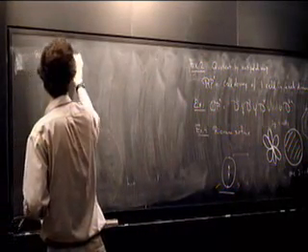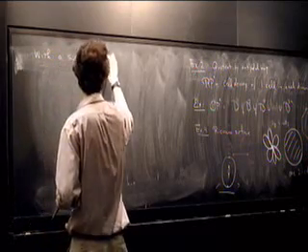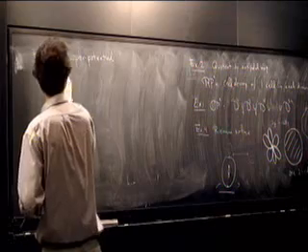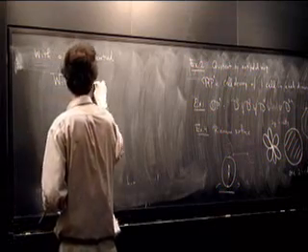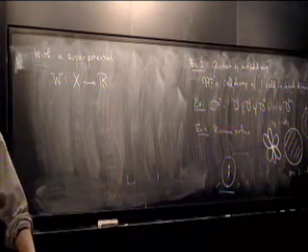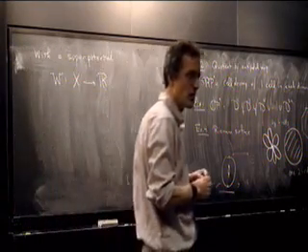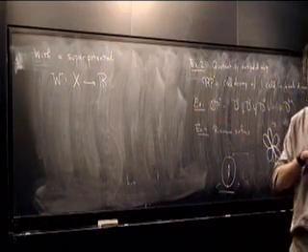And now a superpotential, okay, which is a real valued function from X to R. Does that sound familiar? A real valued function from X to R. That's going to be our Morse function, of course.